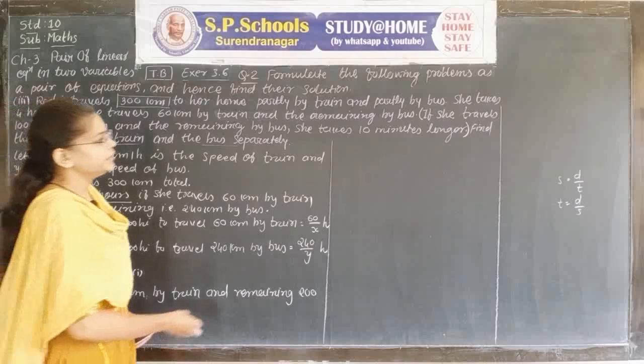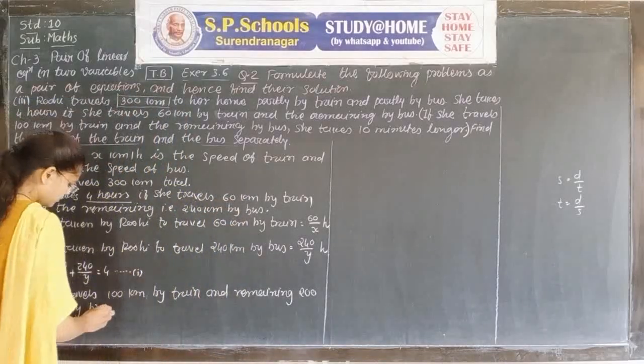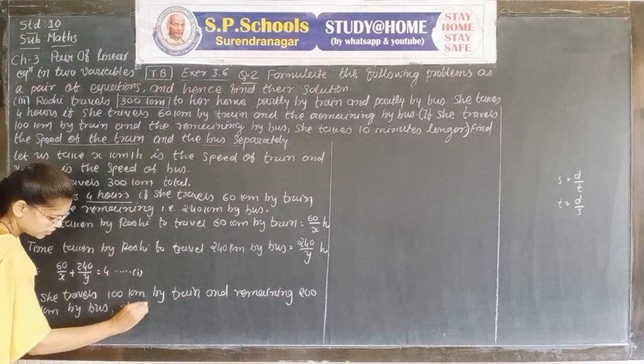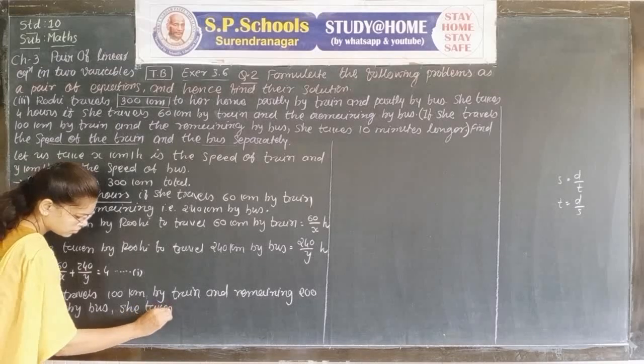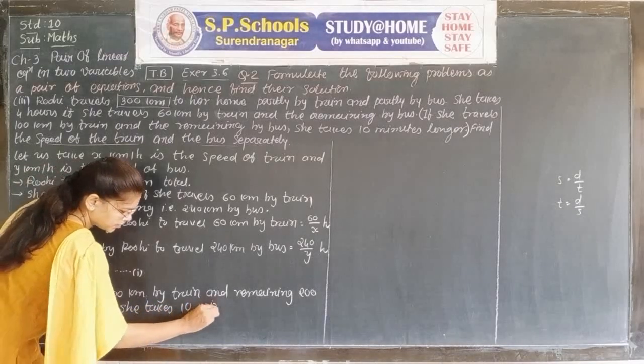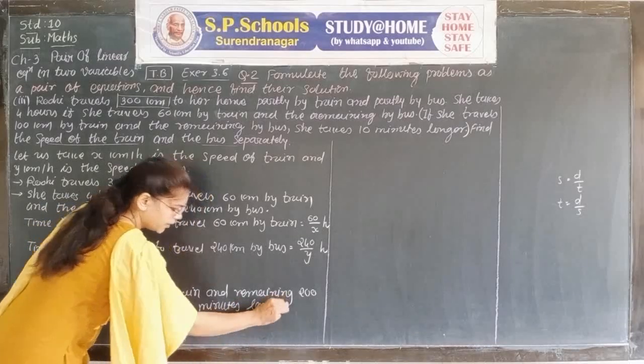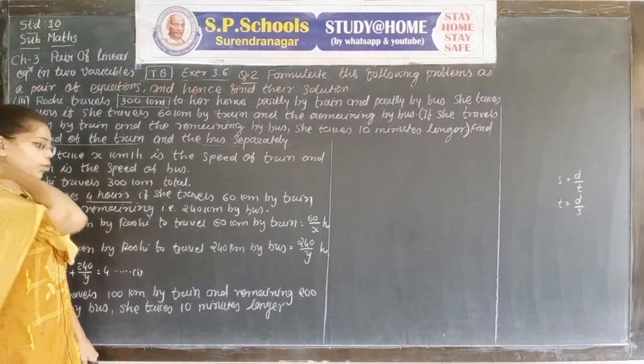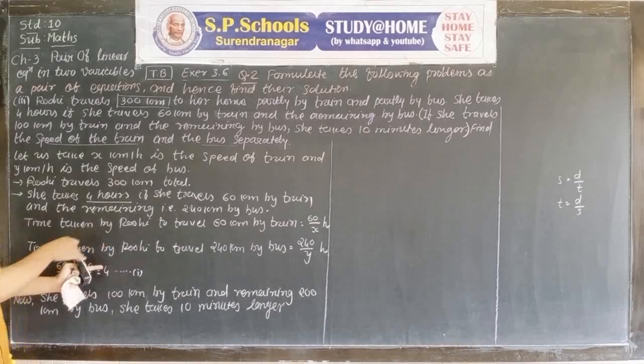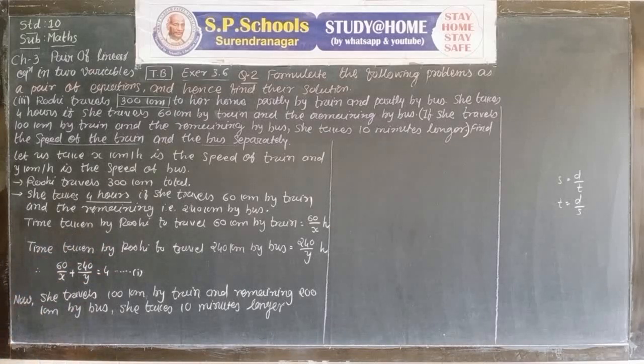Then what happened? She takes 10 minutes longer. 10 minutes longer means 10 minutes more than the previous one, so 4 hours and 10 minutes.